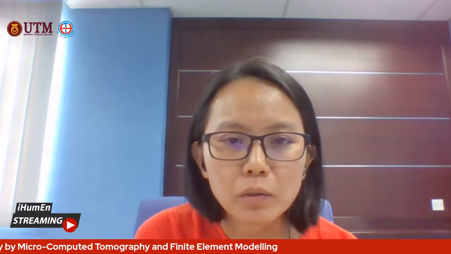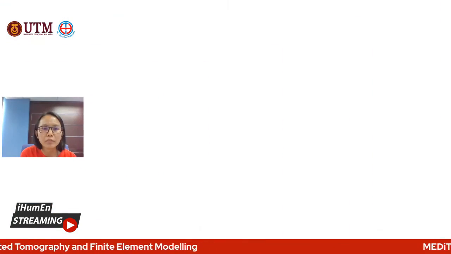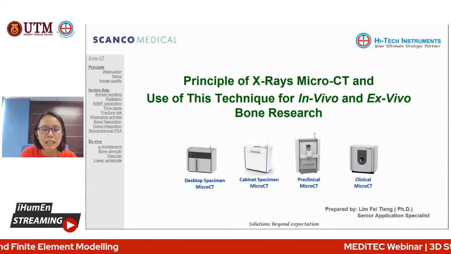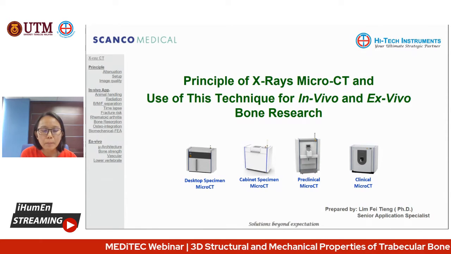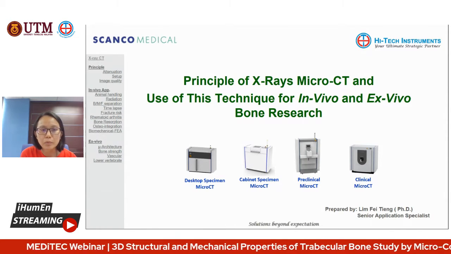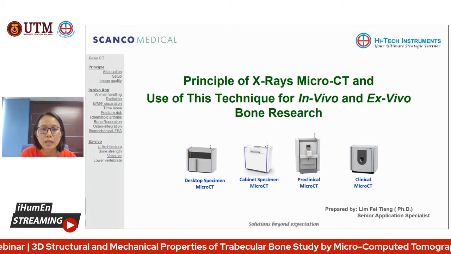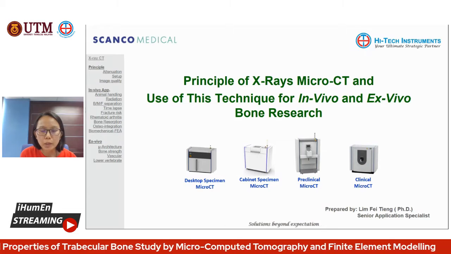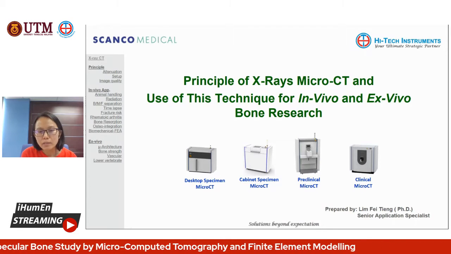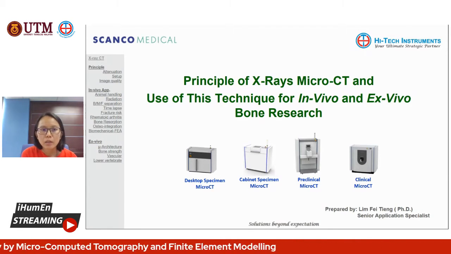So today I would like to share about the principles and also what we can use of this X-ray micro-CT in vivo and ex vivo bone research. I will start my talk by introducing the principles of how this X-ray micro-CT works, and then I will go into factors that we need to consider to obtain a good image quality.